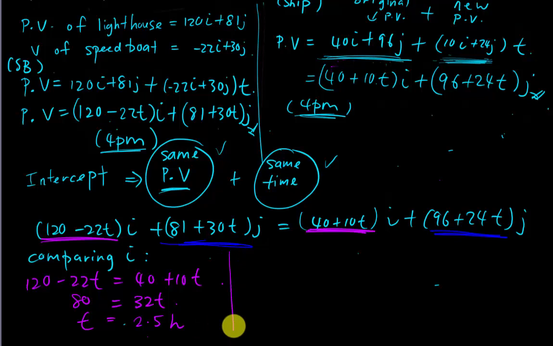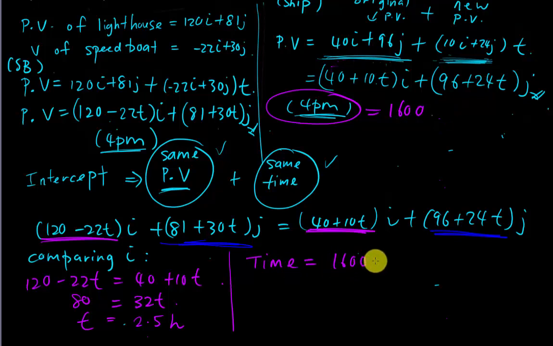If the question asks what time the ship and the speedboat are going to meet, because both of them start from 4 p.m., I will add 2.5 hours to 4 p.m. So they're going to meet at, of course, 4 p.m., which they write as 1600. So the time will be 1600 plus 2 hours 30 minutes.